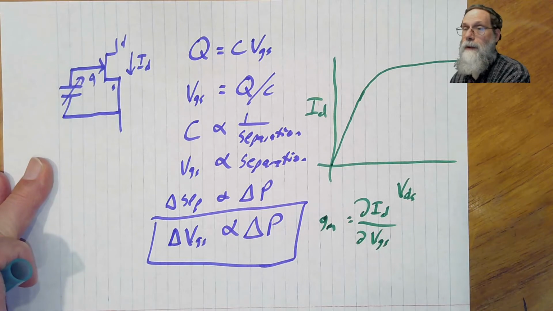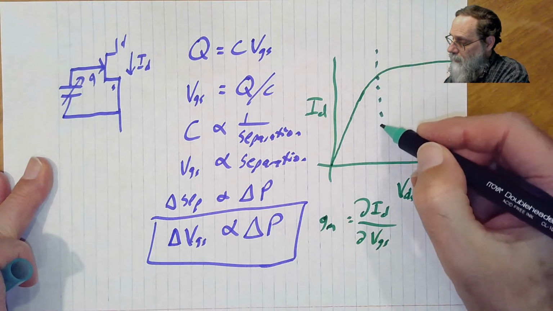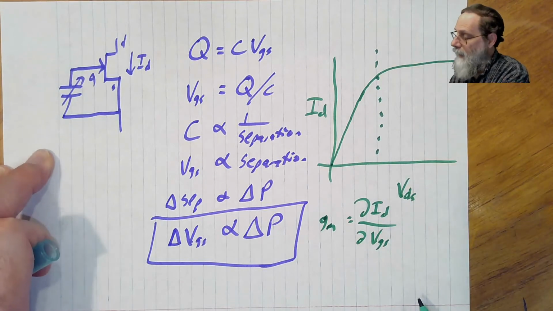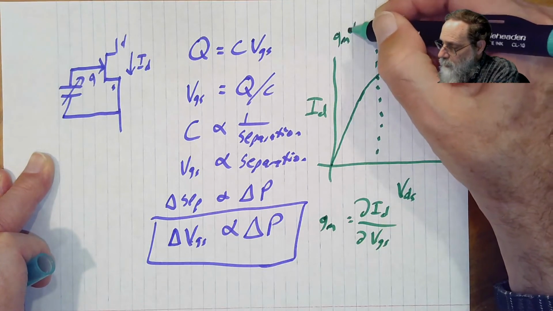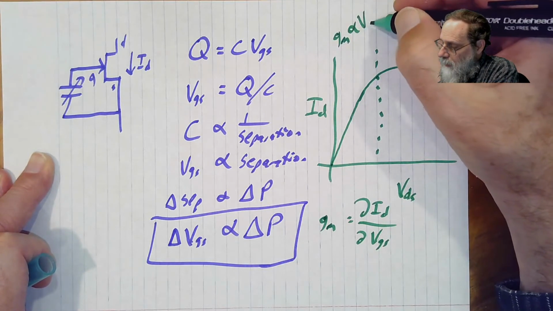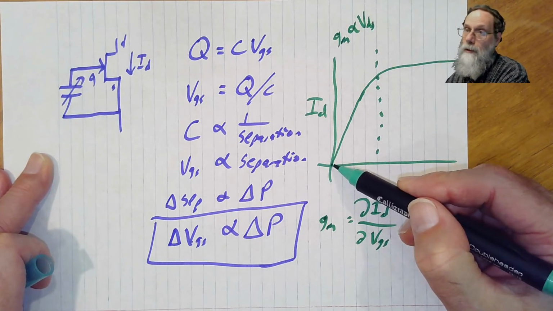I didn't give you in the book the detailed models for junction field effect transistors, but we've basically got two different regions here. In the linear region, G sub m is proportional to V_DS, so that we've got no transconductance gain down here when we've got no voltage.